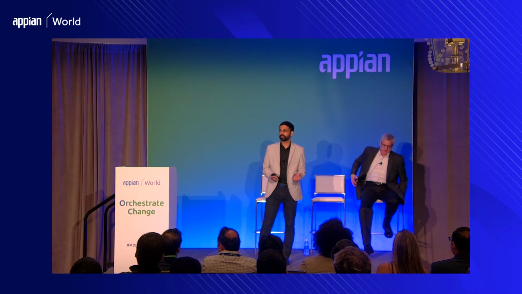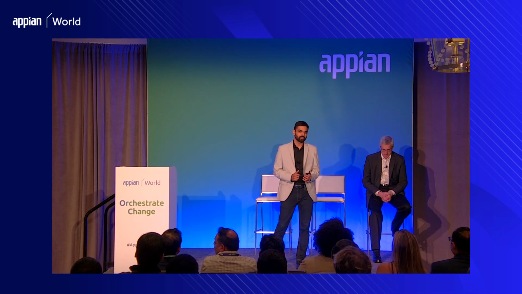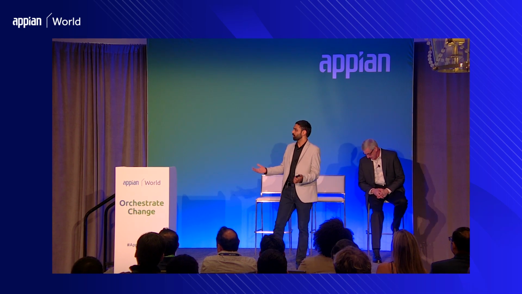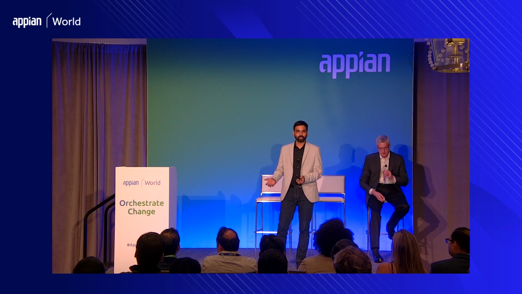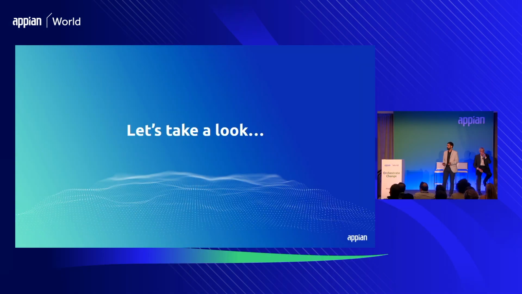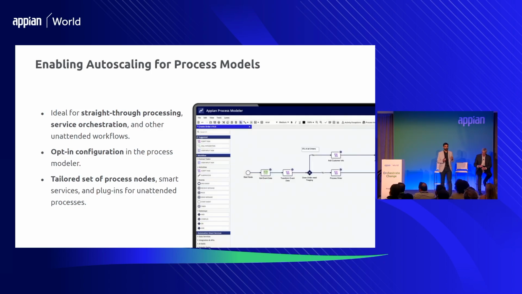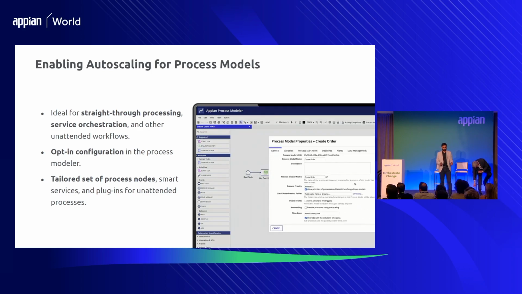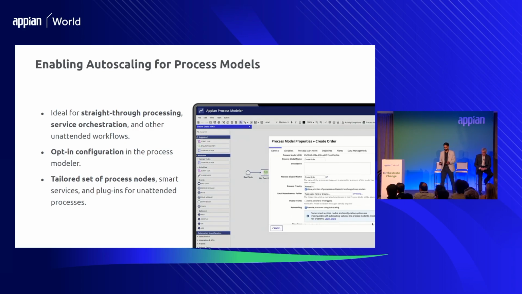I'm sure everybody here is now excited about the characteristics and benefits of autoscaling and Appian's next generation process execution engine. And you might be wondering, how does all of this manifest into the low-code platform, or specifically the process modeler? So first, let's look at the developer experience with autoscaling for process execution. As Mark mentioned earlier, the first increment of autoscaling for process execution is specifically built for straight-through processing, service orchestration, and other unattended workflows.